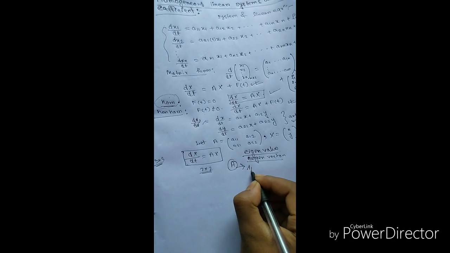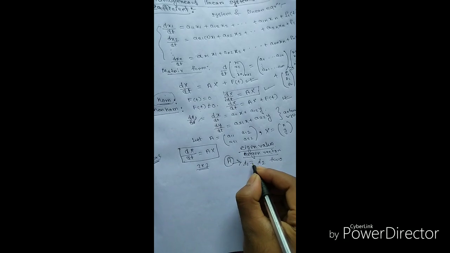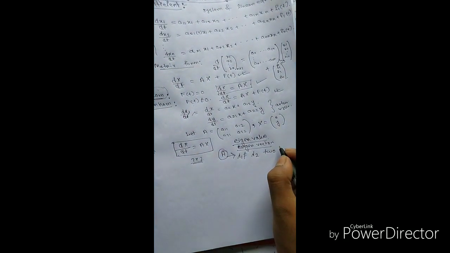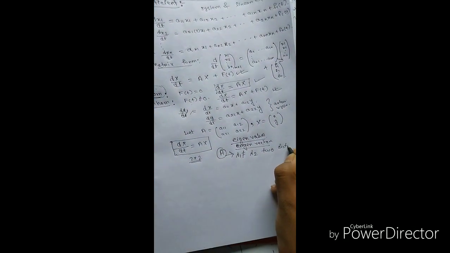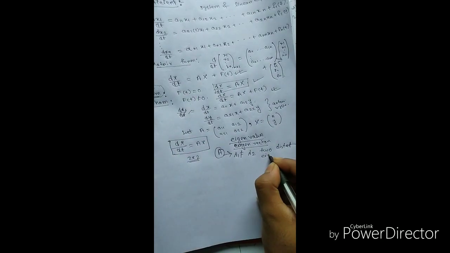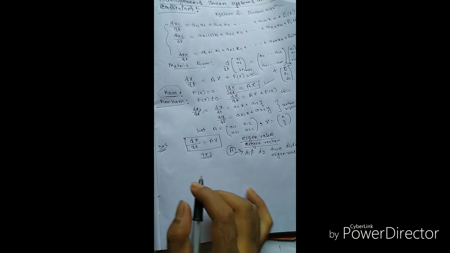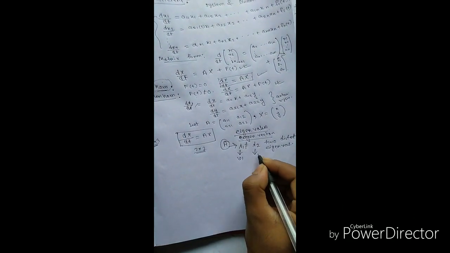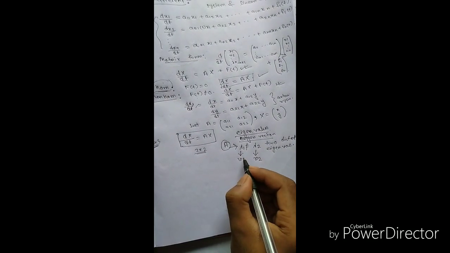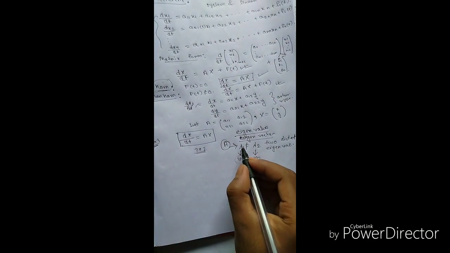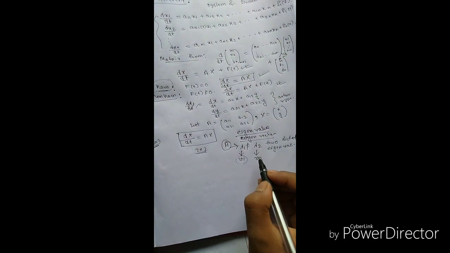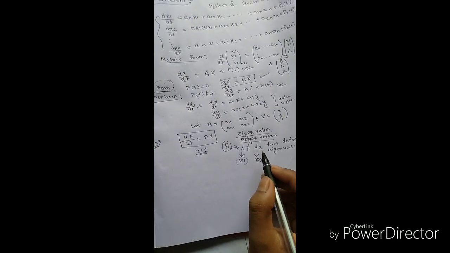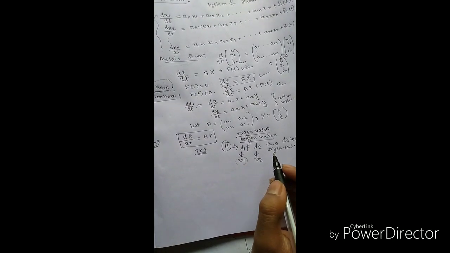Suppose lambda 1 and lambda 2 are two distinct eigenvalues, and suppose v1 is the eigenvector with respect to the eigenvalue lambda 1, and v2 is the eigenvector with respect to the eigenvalue lambda 2.